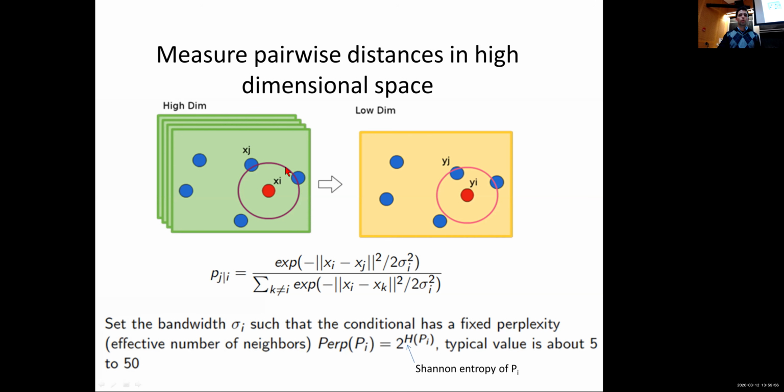So what you're actually doing is setting the resolution, the radius over which you're going to be looking for neighbors, according to some parameter. So I can choose to look at only 5 neighbors, only 30 neighbors, only 50 neighbors, and so on and so forth. And that's a tunable parameter. Okay, so that's the perplexity, which is effectively the Shannon entropy of this P_i distribution. And the original paper recommends values between 5 and 50.